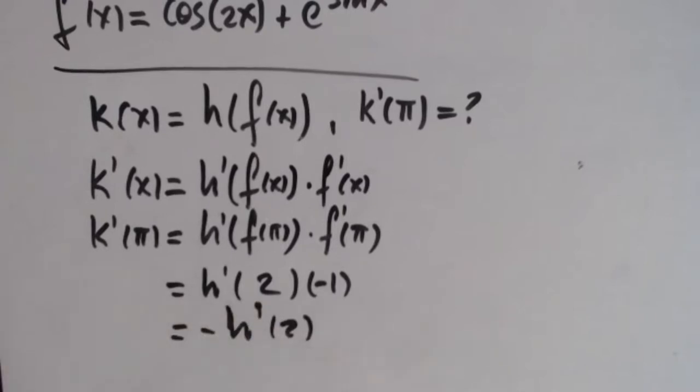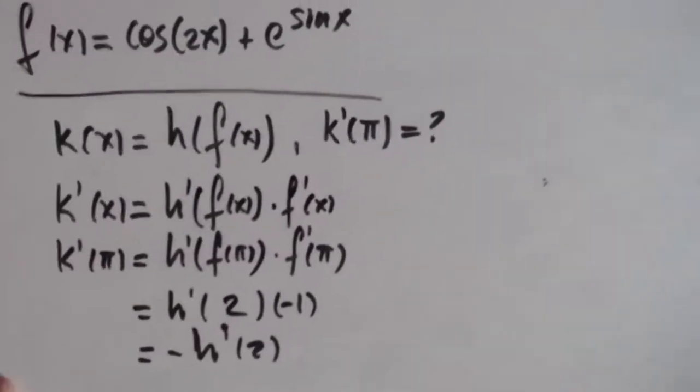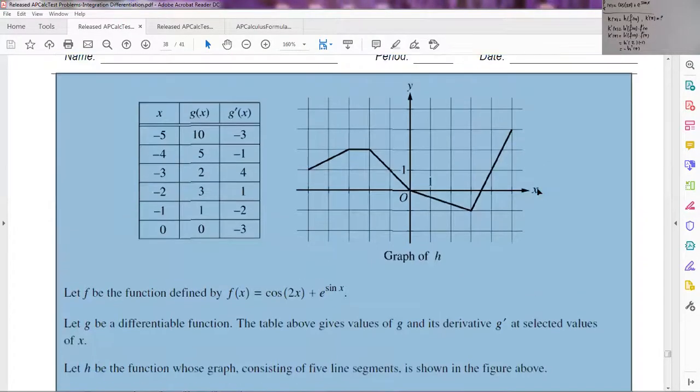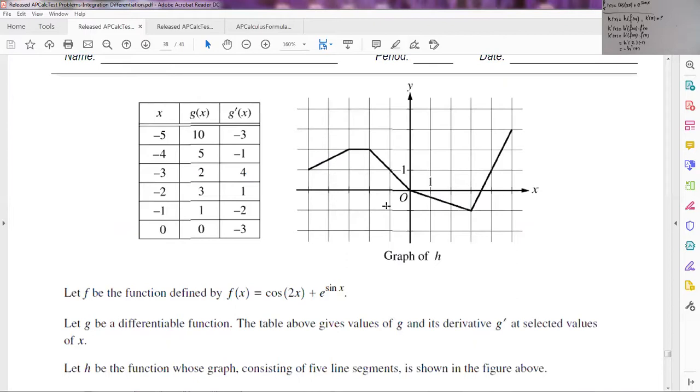Now, what is h prime? Let me just go back to the problem. Right here, this is h. H prime at 2. Here is the 2, right here. What is h prime at 2? H prime is the slope of the tangent line at 2.